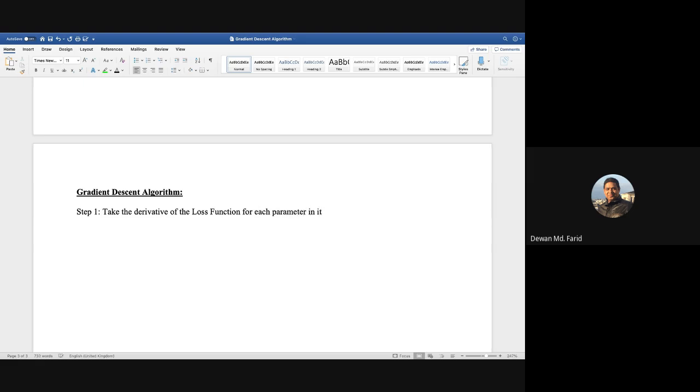Is it clear? Yes, sir. Step 1, take the derivative of the loss function for each parameter, or you can say take the gradient of the loss function. So this is step 1.